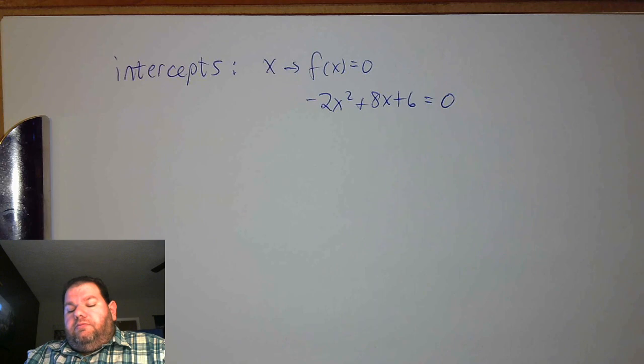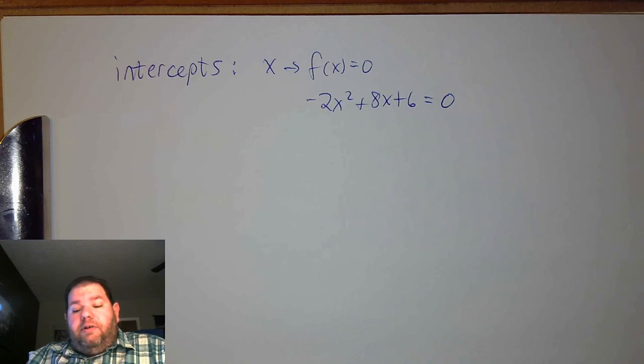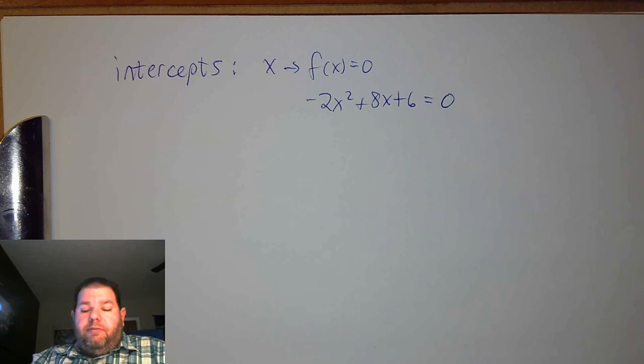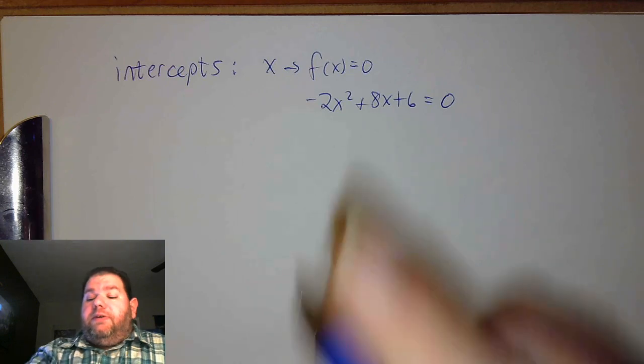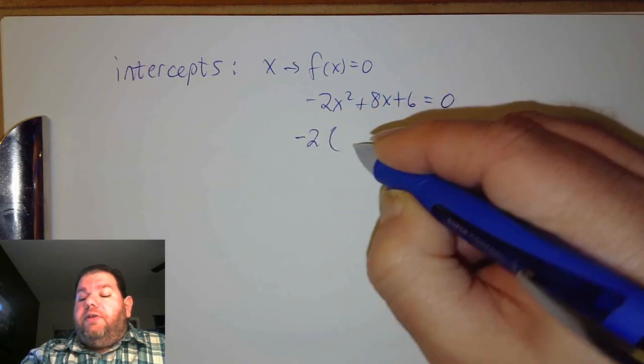Now, a couple of things about that equation as far as when we solve it. One, it starts with a negative and also has a negative 2 specifically. That means we don't really want to factor it like it is. We could use the quadratic formula, but we notice that every number here is a multiple of 2. What we could do instead is factor out the negative 2.